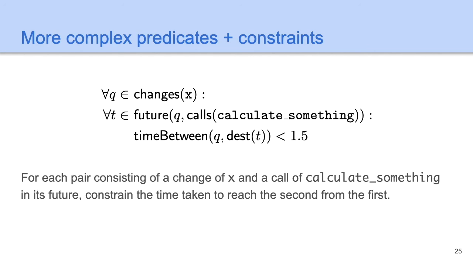And the idea here is that we can give this operator two states and then reason about the time between these two states. So you see that we can give it directly the variable q because this already holds a concrete state, but in the case of t, this holds a transition. So first we have to use the dest operator to obtain the second concrete state in the transition. And once we've done this, we can compare the time between these two states to a numerical value.